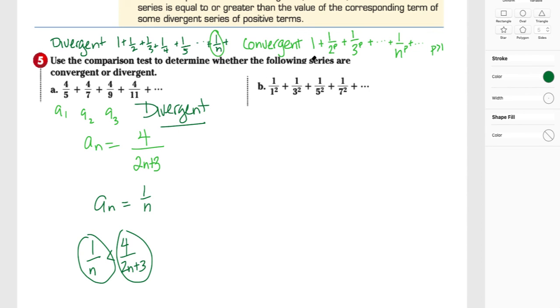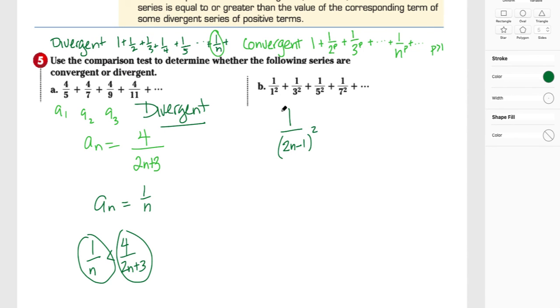Let's try this guy. In this case, we have 1 over, what would that be? 1 over n to the second power? Not 1 over n to the second power. Let's see. If n is 1, what would I do with 1 here? It looks like 1 over 2n minus 1 to the second power.